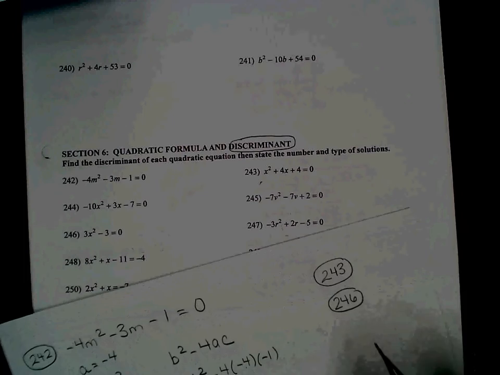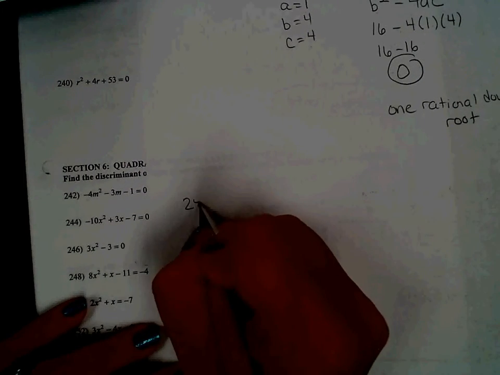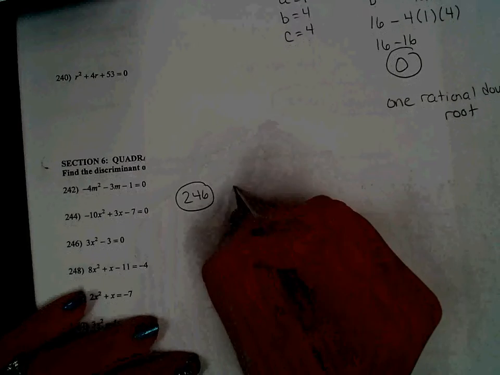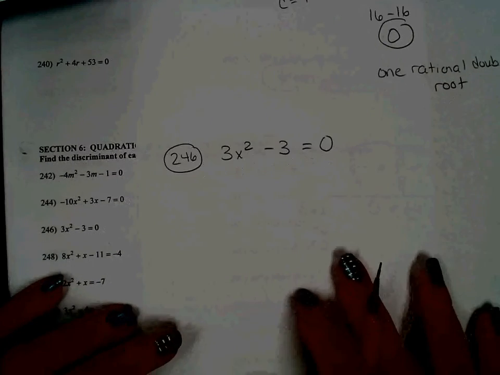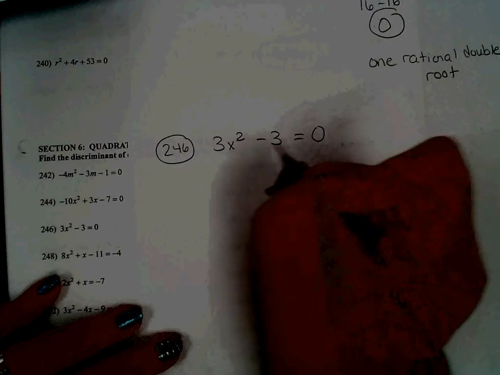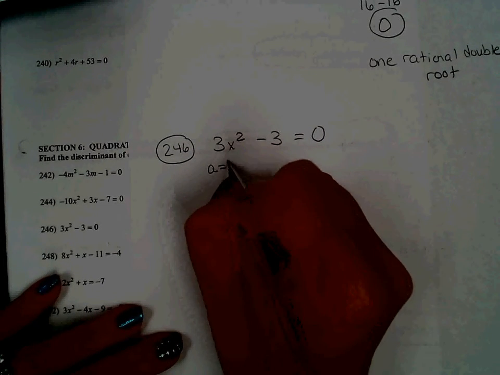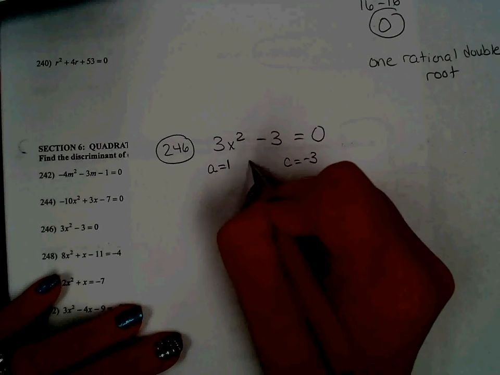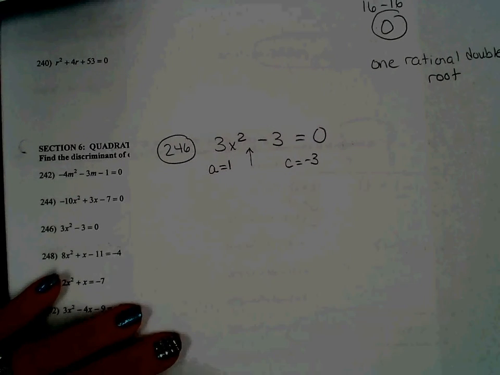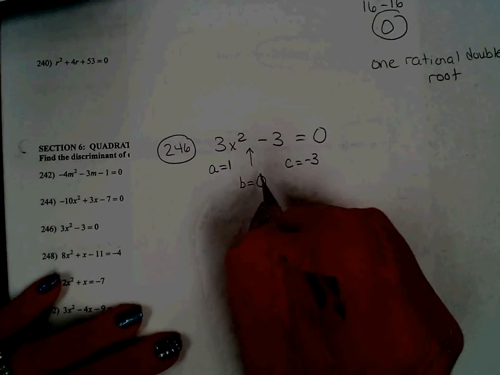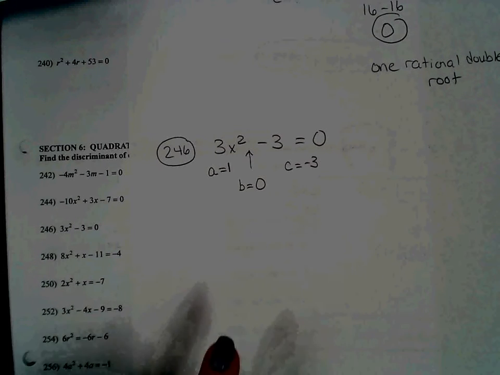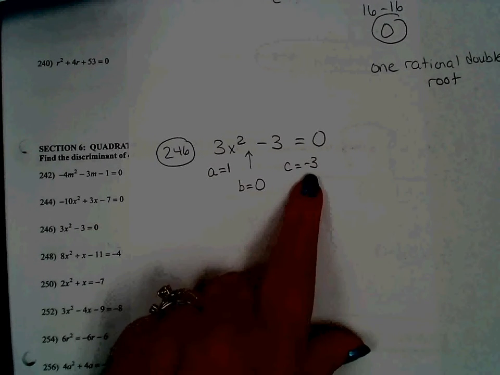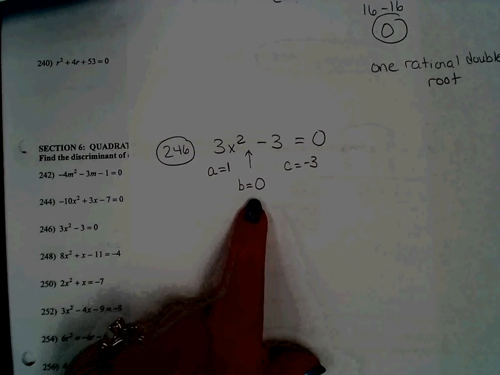Then I asked you to do 246. Now 246 is a special one. Wonder if you caught it. It's already in the right order. A is 1, C is -3, but there's no B. B equals 0. Make sure if you put B was -3 that you fix it. B is 0.